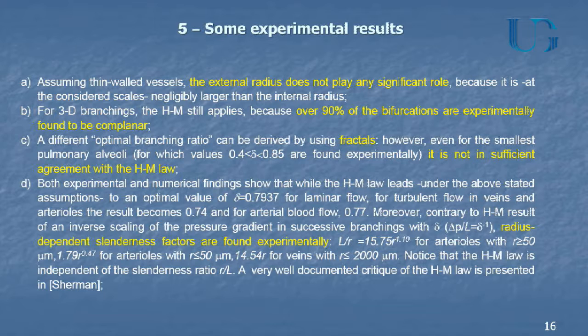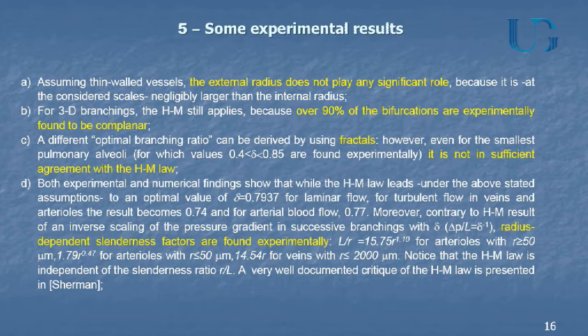If this branch splits like this, it splits in another plane, but it's still a 2D splitting. Okay? So the first split is like this, the second split is like this. But this and these two are still in the same plane. Okay? So there is no case for the three-dimensional branchings.